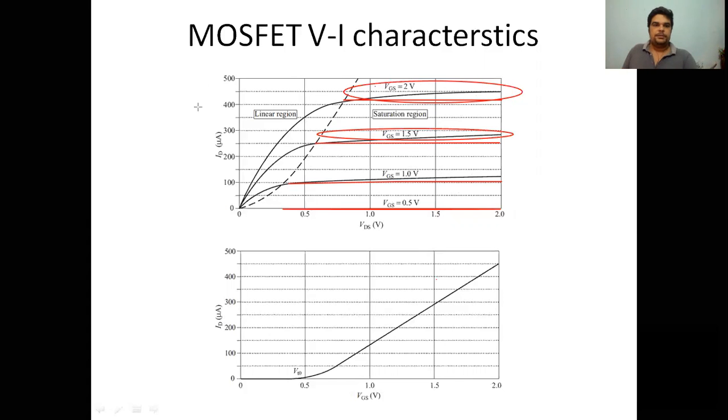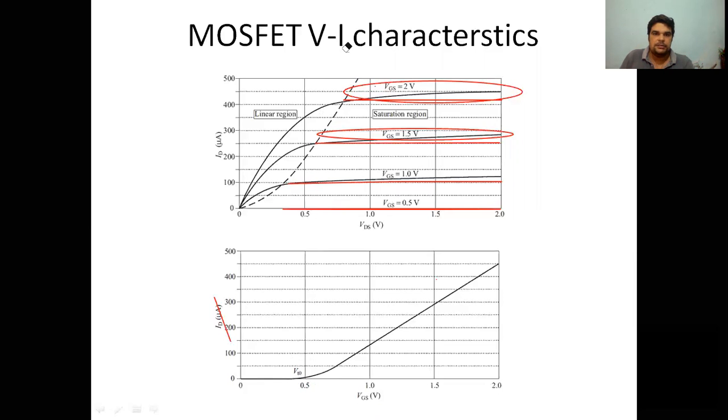This curve between drain current and VDS is known as the drain curve, and there is another curve between drain current and VGS, ID and VGS. This is known as the transfer curve. As long as the VGS value is less than the threshold voltage, the drain current is 0.